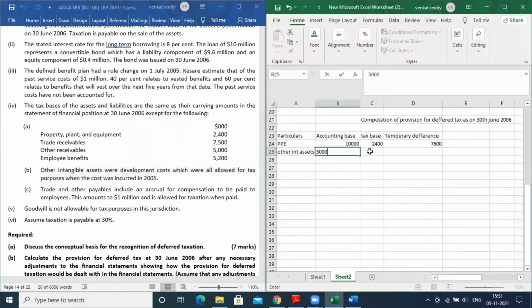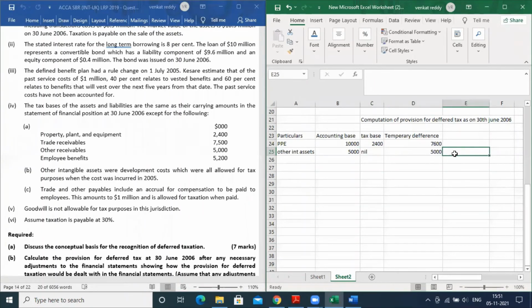Now here you need to understand that as per IAS 38, if development costs satisfy certain criteria, we can recognize it as an intangible asset. But there is no such recognition as per the tax base. We cannot recognize a development expense as an intangible asset. So as per accounting base, it is 5,000 and as per tax base, it is 0, that is nothing but nil. So again, there is a temporary difference of 5,000.